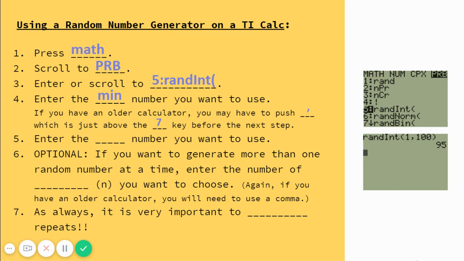Now, if you're using a TI-83, you'll have to separate your numbers by commas. We enter the minimum number and the maximum number. If we need more than one number at a time, we enter the number of integers we want to choose. Please remember we have to ignore repeats because we cannot measure the same individual twice. That skews the data and it's bad sampling.